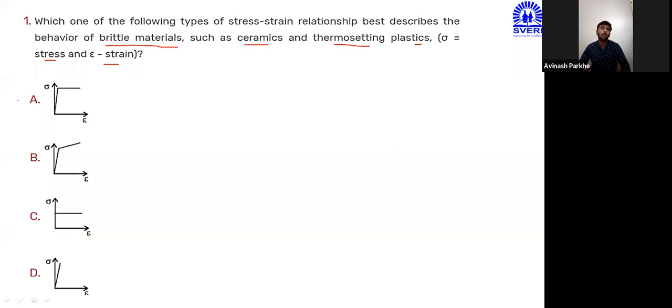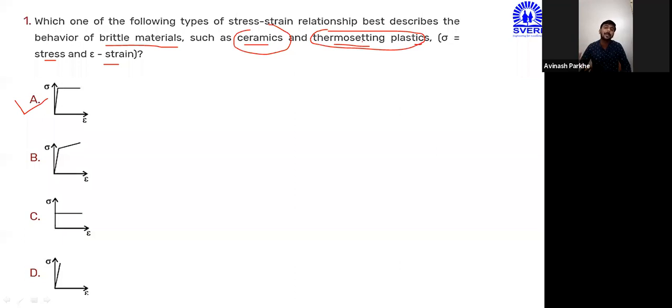If you think about option A, in case of a brittle material, you will get only 2 points. One is the proportional limit and another is the breaking point, because once we throw the glass, here they have considered the ceramic material, thermosetting plastic. If we throw this material on the ground, immediately after the proportional limit, there is a breaking.